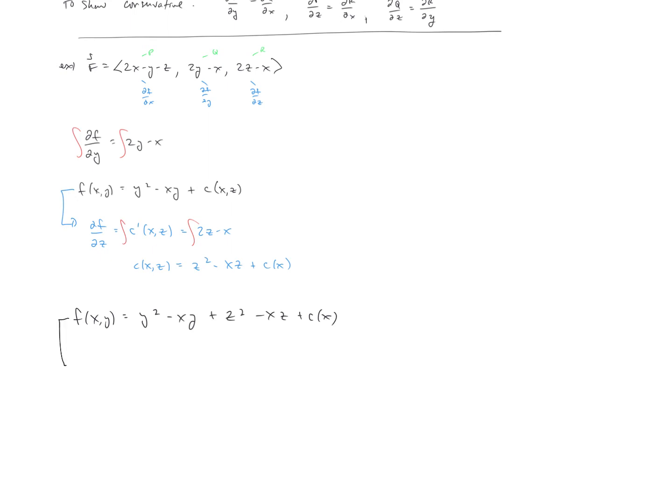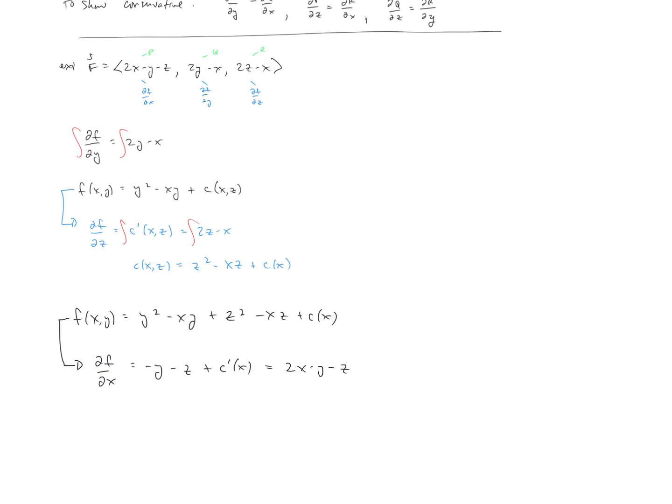I'm going to go ahead and move down now and take the partial of f with respect to x. So straight from here, coming down, partial with respect to x is going to give us a negative y minus z plus c prime of x. So there's our negative y, there's our negative z, and then there's our c prime. I'll now take this and set it equal to what it should be right up here. So 2x minus y minus z.